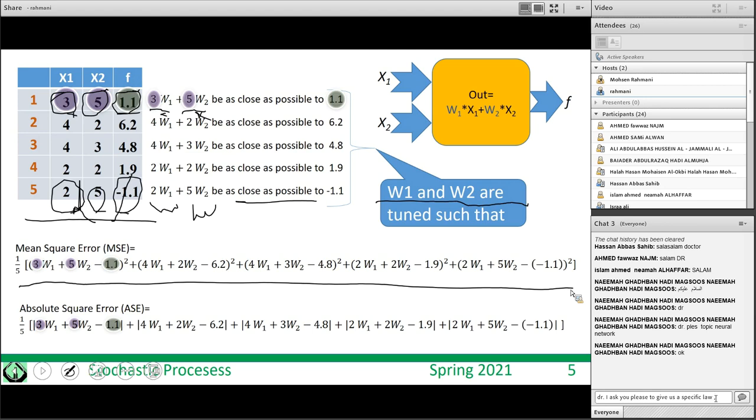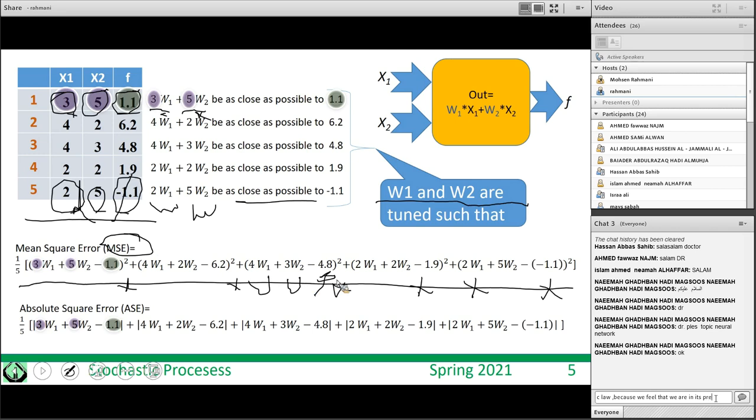Please have a look at this formula. In this formula, if we minimize the error, if we minimize this relation, we name this MSE. If we minimize MSE, what will happen? It means that 4 times w1 plus 3 times w2, for example, is close to 4.3.